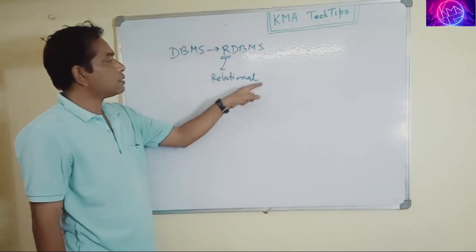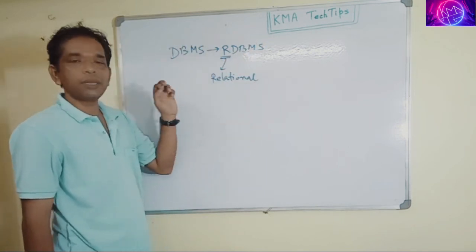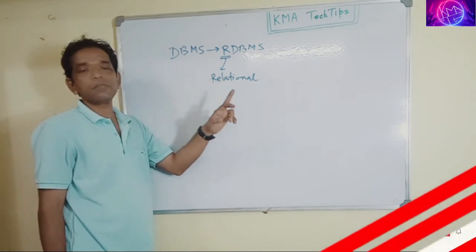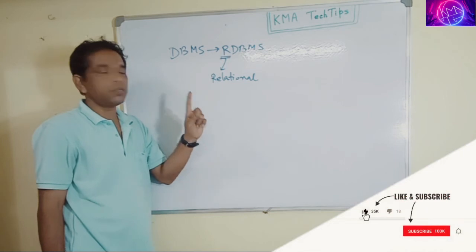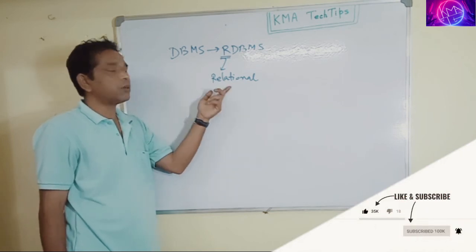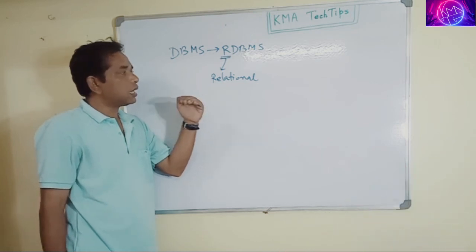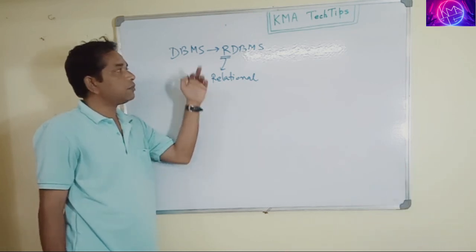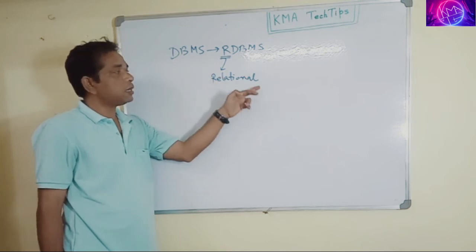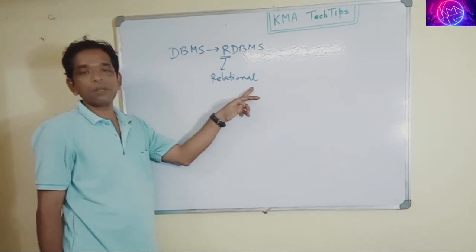What does it mean? We have different kinds of database models. The relational database model is one of them, which is very efficient and very frequently used nowadays. All the current, updated and efficient database software is designed based on this relational model.